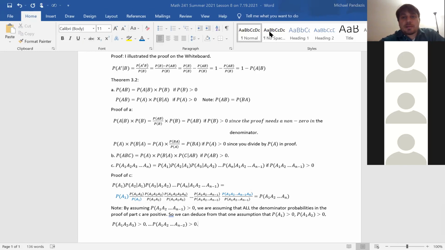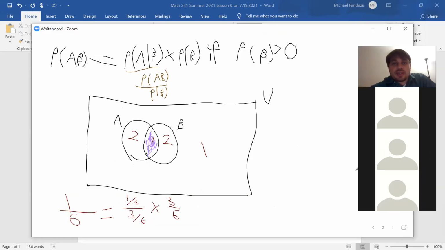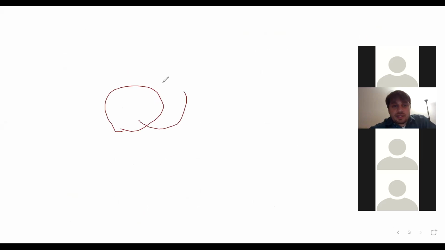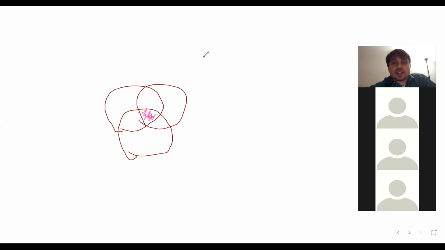So like in a Venn diagram illustration, if you had the intersection of 3 sets, right? And let's use pink for it. The intersection of these 3 sets, this is A1, let's say A2, A3, but there's even more than 3 in the problem. A1 intersection A2 intersection A3 is a subset.